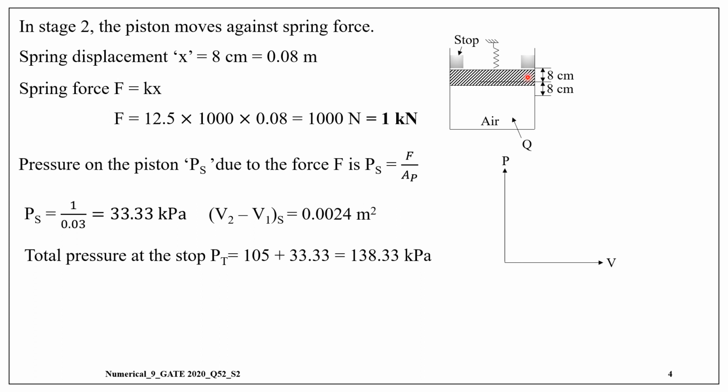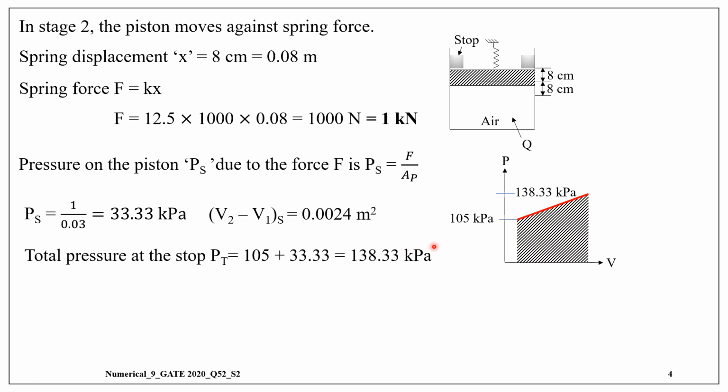I will try to plot the second stage movement in a PV diagram, and this red color line represents the pressure offered by, not by the piston, by the spring over the piston. At the beginning, it is equal to 105 kPa. At the end, it is equal to 138.33.